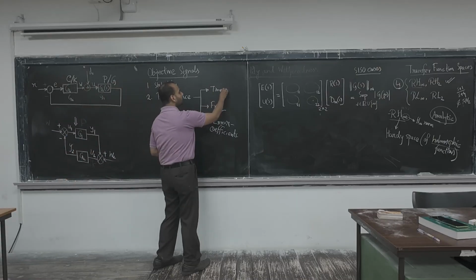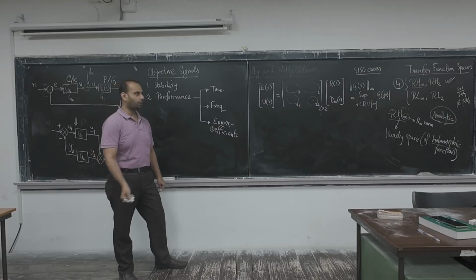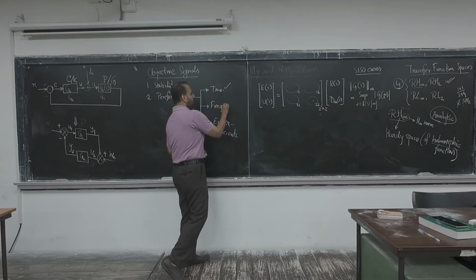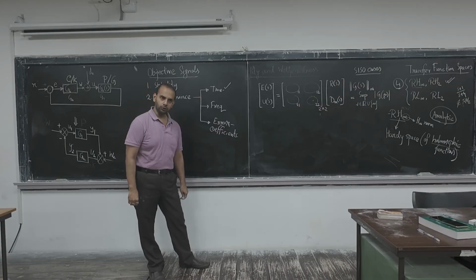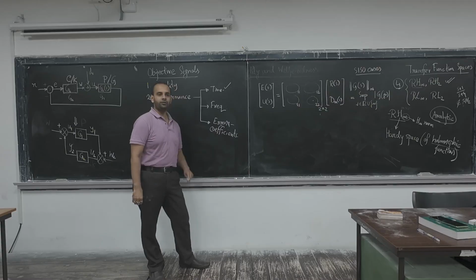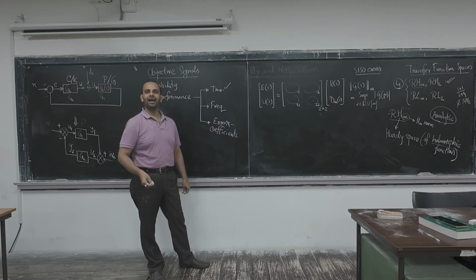Now time domain performance means the ones you said: rise time, peak time, peak overshoot or even undershoot, all those things. I mean transient performance, that is my time domain performance. Frequency domain performance means gain margin, phase margin, bandwidth, critical frequency, all those. And error coefficients means KV, KA and KP.